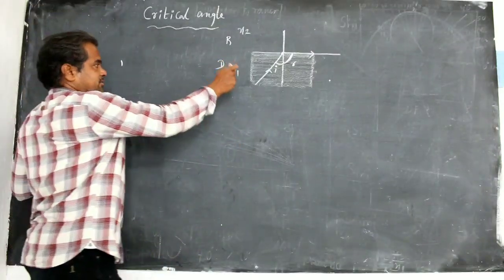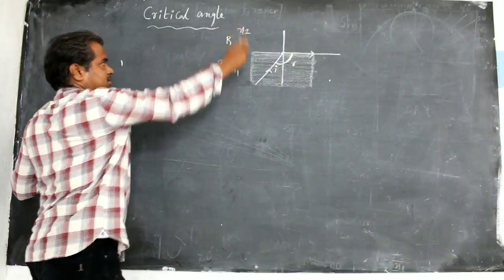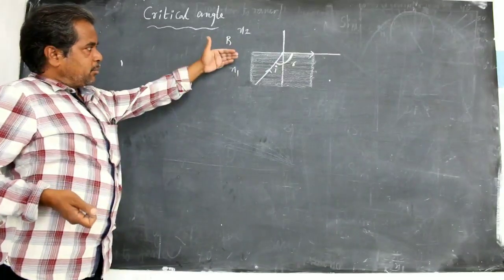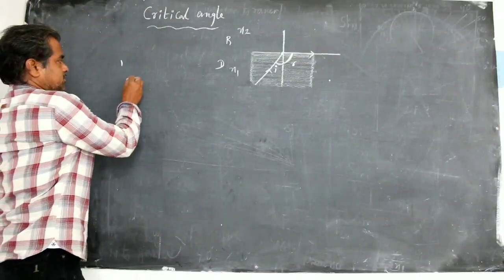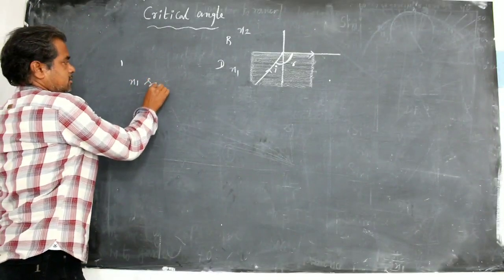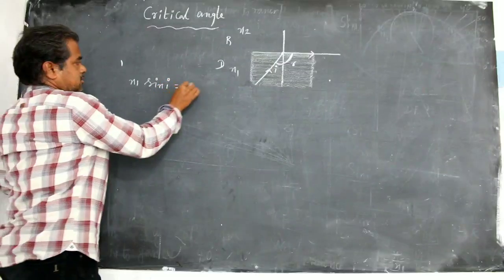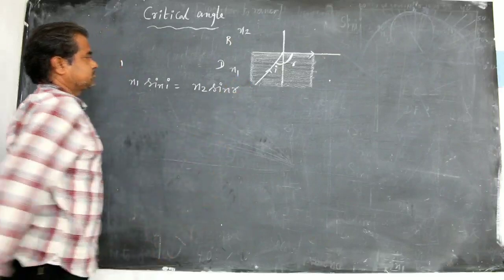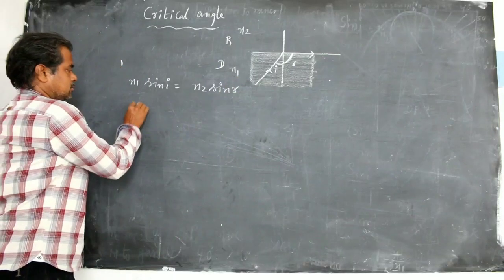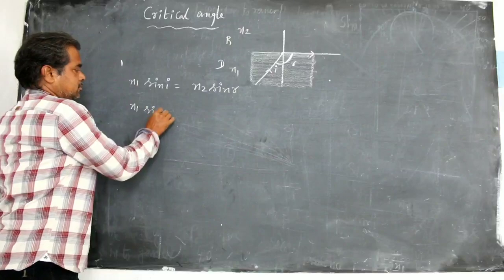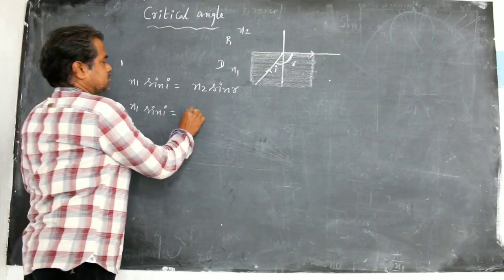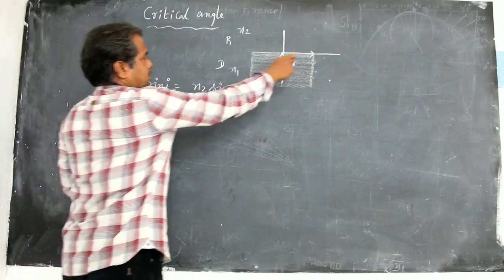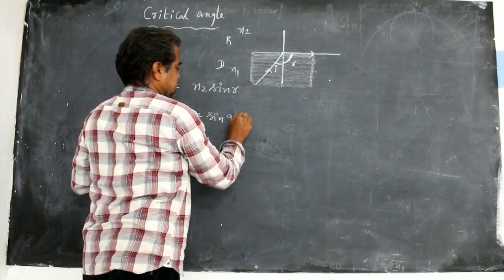So refractive index of the first medium N1, refractive index of the second medium N2. We apply Snell's law here. N1 into sin I is equals to N2 into sin R. How much here? 90 degrees.